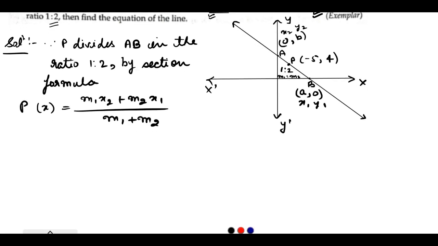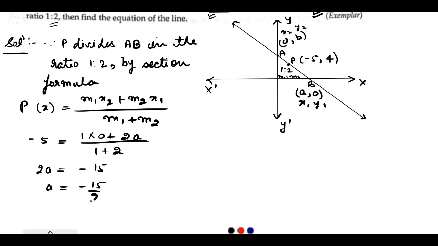And x coordinate of P is -5, m1 is 1, x2 is 0, m2 is 2 and x1 is a. So a is equal to -15 by 2.